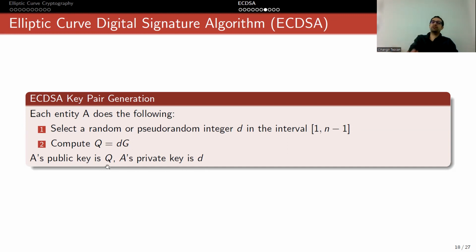So this is what I mentioned when I talked about Bitcoin wallet addresses. When you create a Bitcoin address, you randomly choose this d, calculate dG, and obtain this Q. This point is actually what you give to other people. So whenever somebody sends money to you, they are sending it to this point. Of course, this is represented in hexadecimal as a huge number.